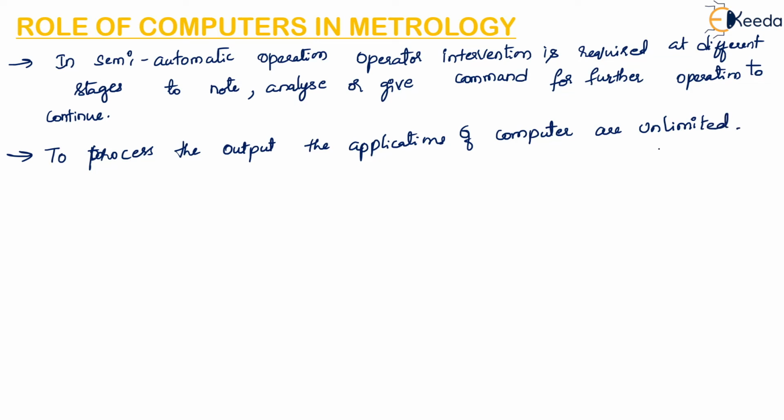Nowadays, even micrometer screw gauges, vernier calipers and height gauges are available so that they can produce output in a digitalized form which is fed to the computers.